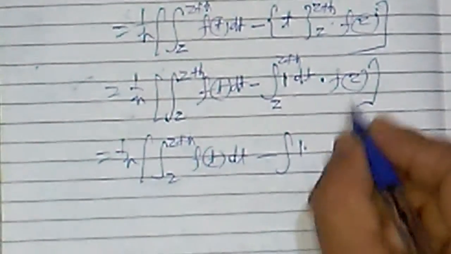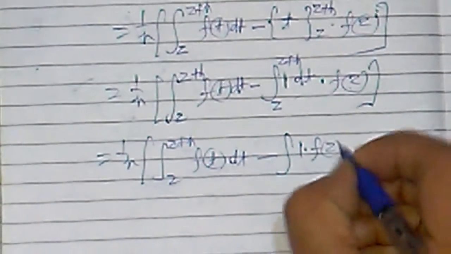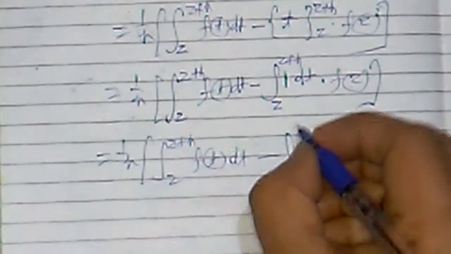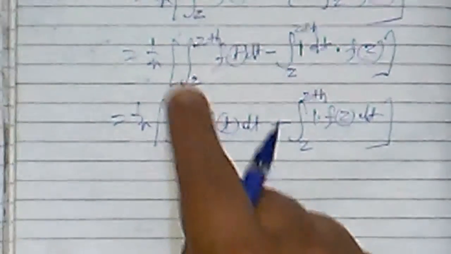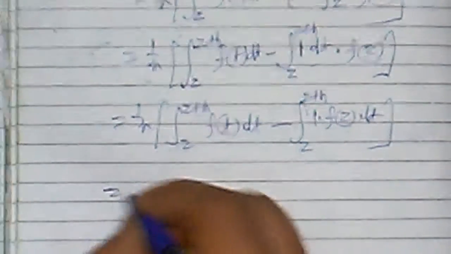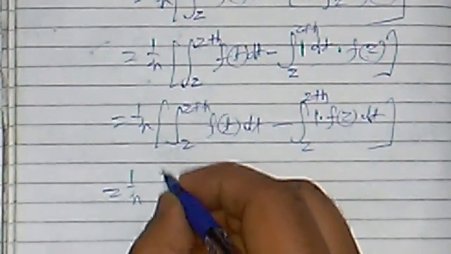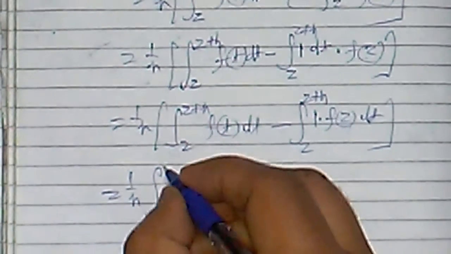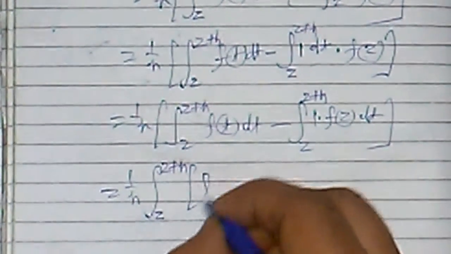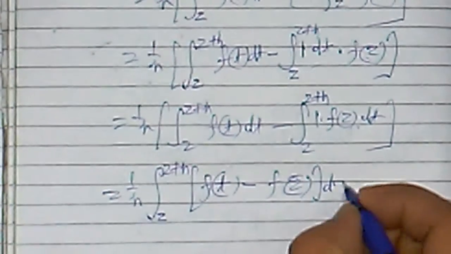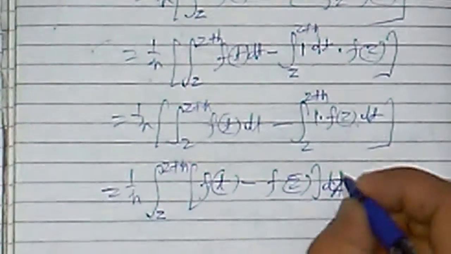So we multiply f(z) into 1, and we get this quantity. Here the lower limit and upper limit of the integral are the same, so we can take out z to z plus h. So we now obtain f(t) minus f(z) with respect to t.